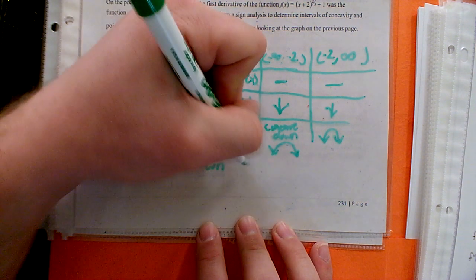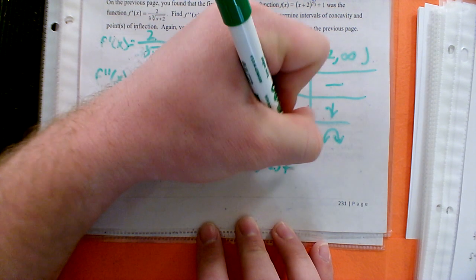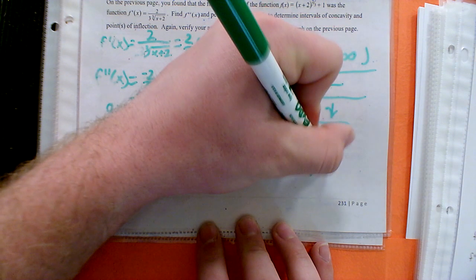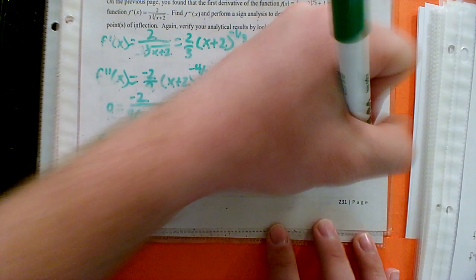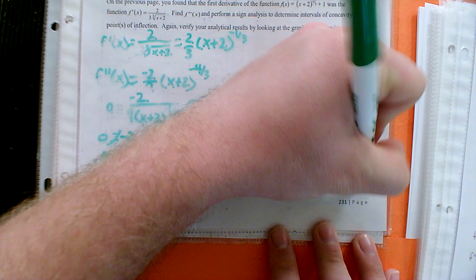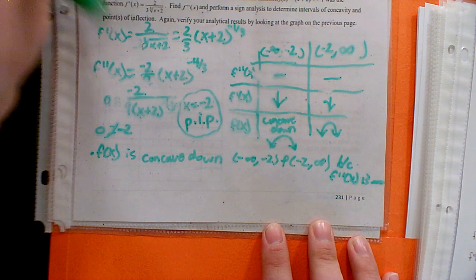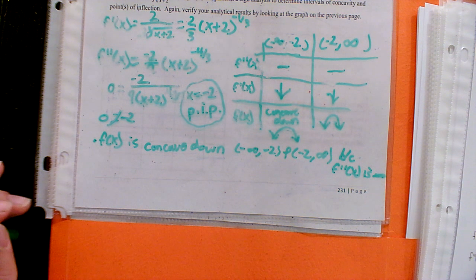So f of x is concave down on negative infinity to negative 2 and negative 2 to infinity. So it's concave down on both because f double prime of x is negative, and it's negative on both intervals.